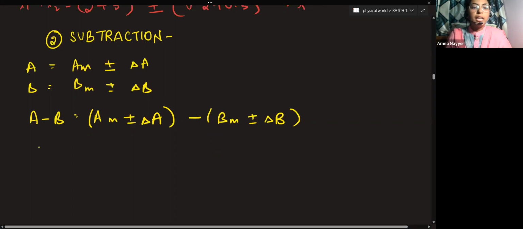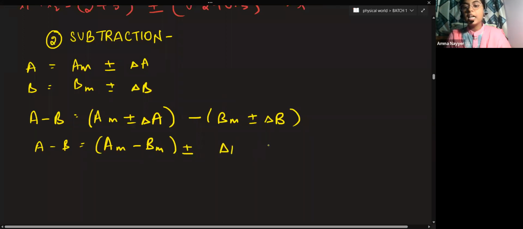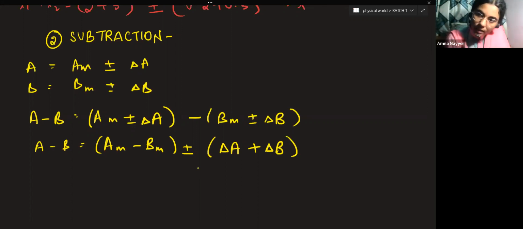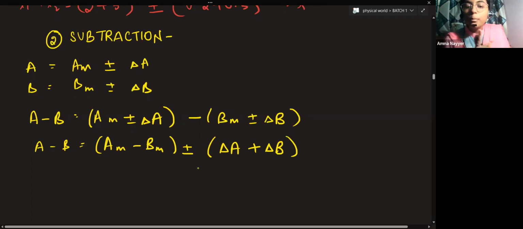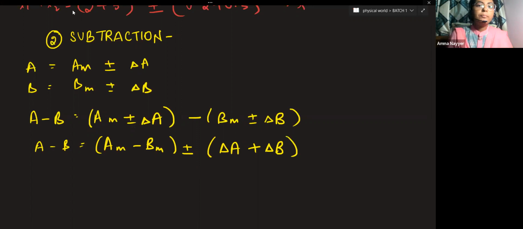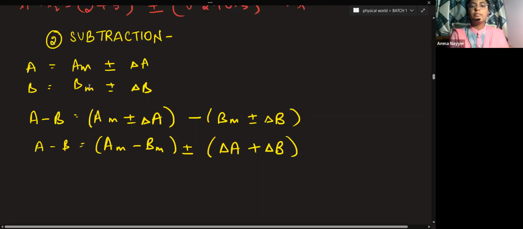For example, A minus B will be AM minus BM, but here it will be plus minus delta A plus delta B. Mean absolute errors never get subtracted, they always get added. So whether it's subtraction or addition, this quantity will remain the same, but the mean values will be different. For example, let's do an example on this. Then I'll give you a question.